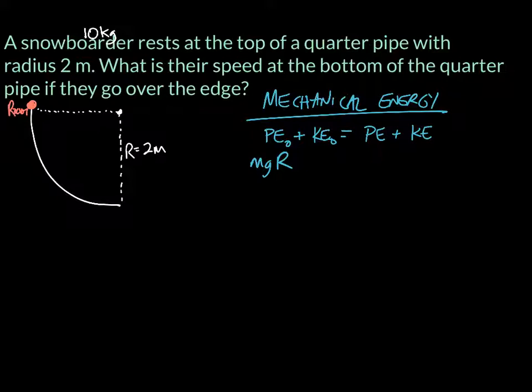We've been using mgh for strictly falling, all right? But in this case, the snowboarder's falling a height of r, but through a curved path. It doesn't matter for the energy. Energy could care less about the path, okay? So mgr plus half mv naught squared, it's going to equal mgr at the bottom plus half mv squared at the bottom.